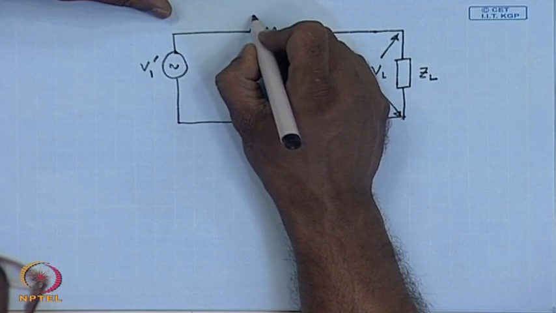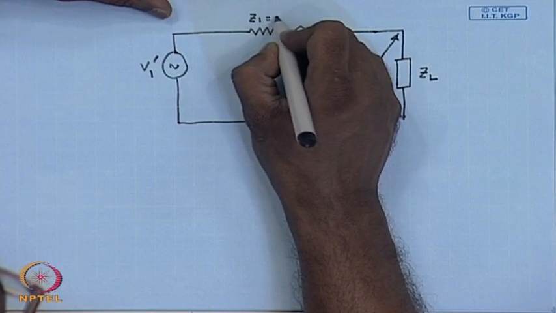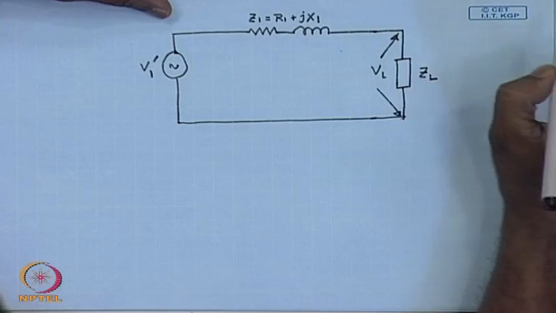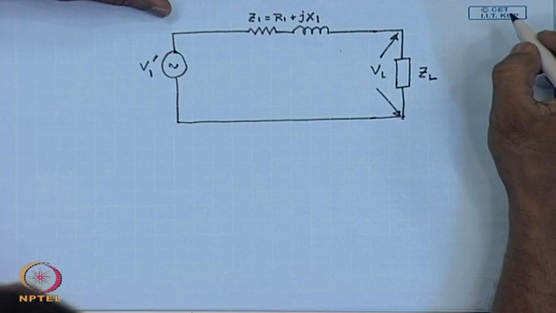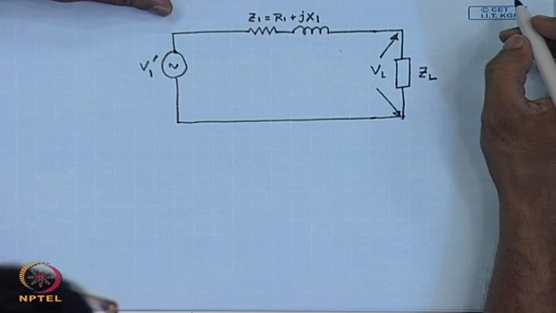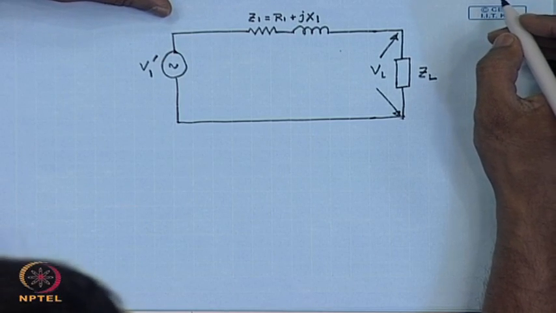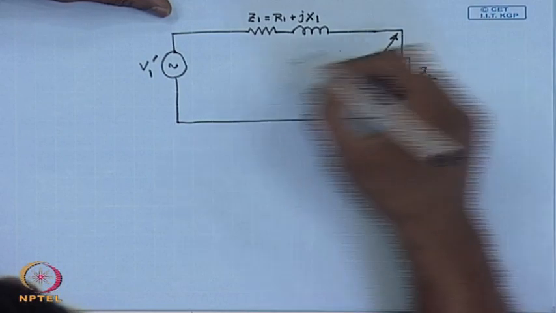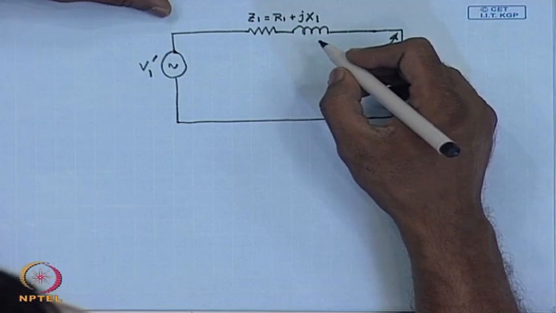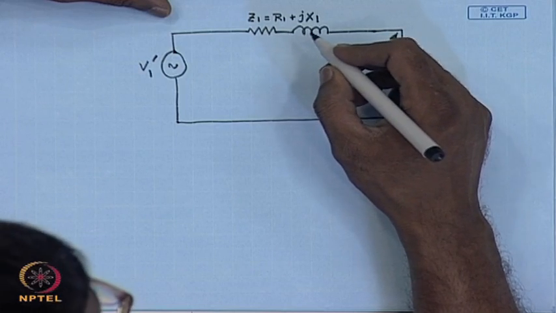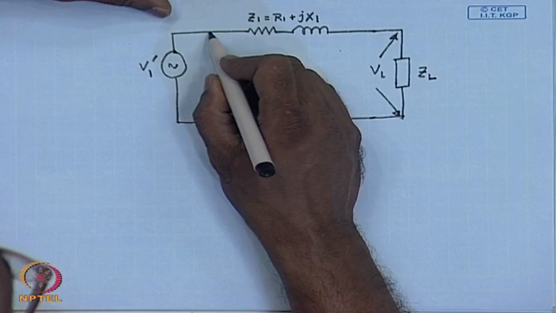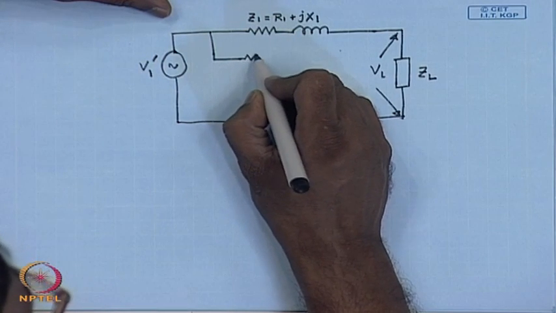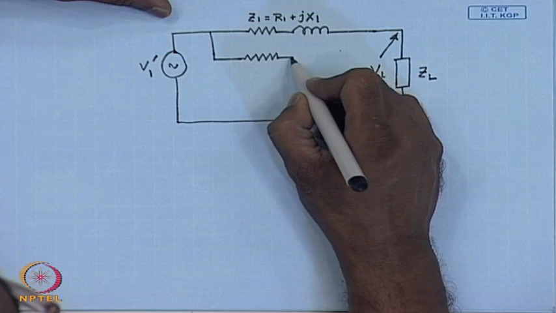Let us say this series impedance is Z1 equal to R1 plus jX1. Since the input and output of the second transformer are connected to the same source and the same load, effectively the series impedance of the second transformer will come in parallel to the first transformer. Therefore, the total equivalent circuit of the parallel connected transformers can be represented something like this.